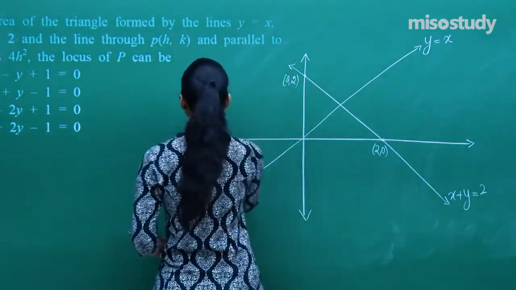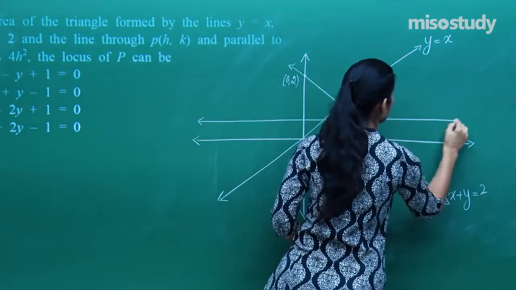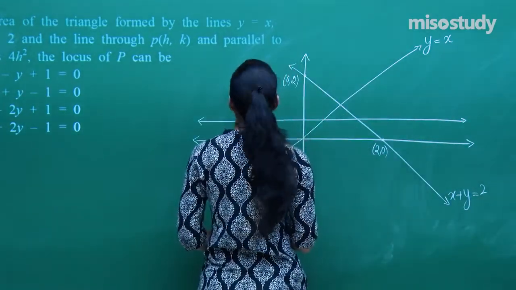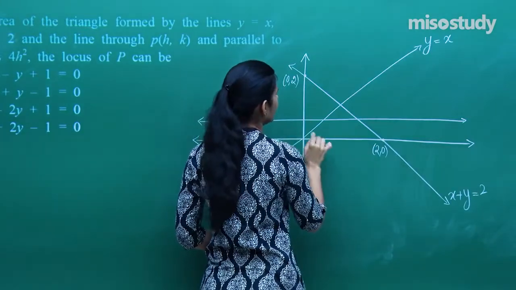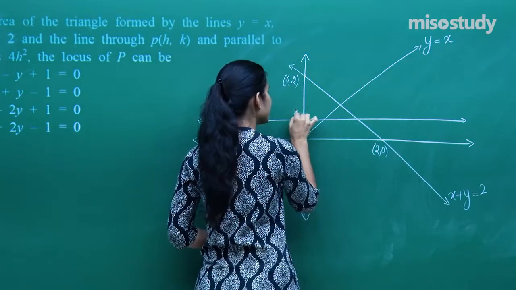And there is a line which is parallel to x-axis. This is the line parallel to x-axis passing through the point h comma k. If h comma k is any point lying on this line, definitely this is k.